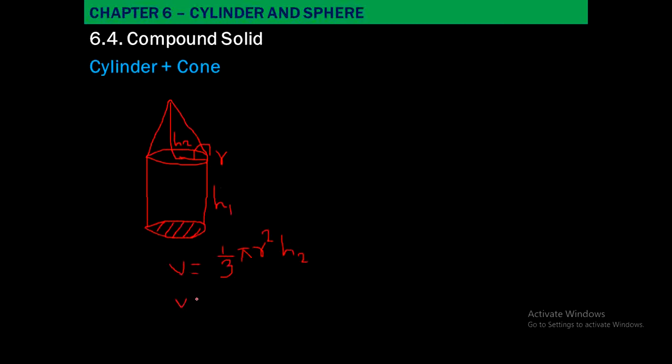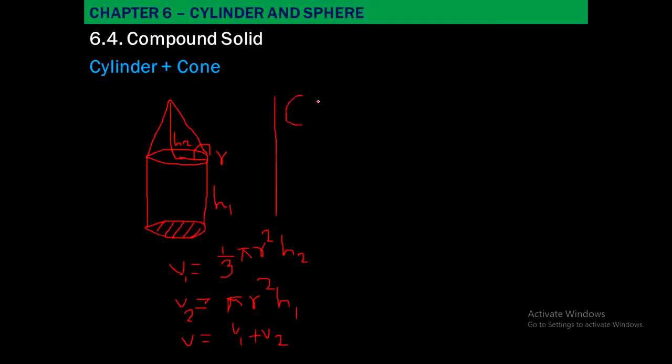Similarly, volume of cylinder equals pi r square S1. Suppose this one is V1 and this one is V2, then total volume of the cylinder plus cone equals V1 plus V2. This is the case of the volume.